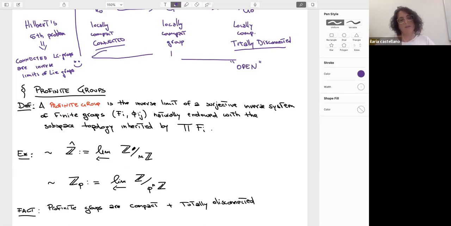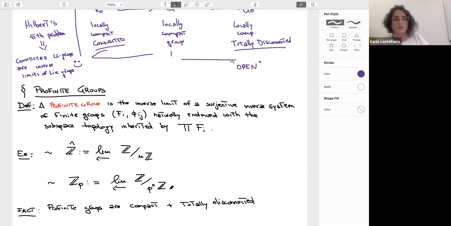Since they are closed subspaces of the product of finite groups, profinite groups are in particular compact and totally disconnected. Compact by Tikhonov's theorem, and totally disconnected because a product of totally disconnected spaces is still totally disconnected, and subspaces of totally disconnected spaces are totally disconnected. So profinite groups are compact and totally disconnected.